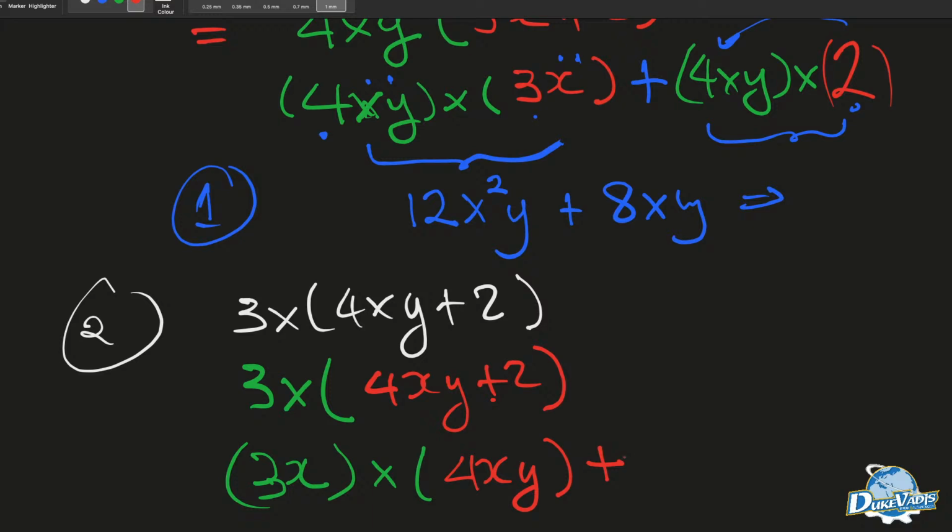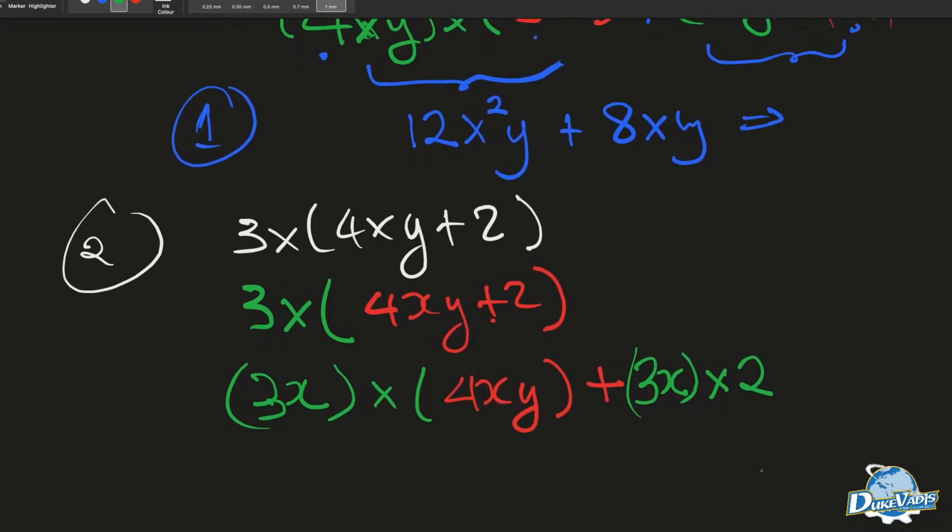Then our 3x once again, since we are doing expansion, is also multiplying 2.